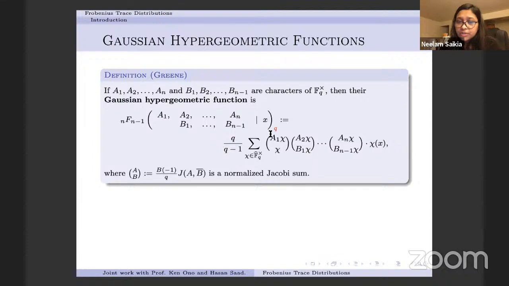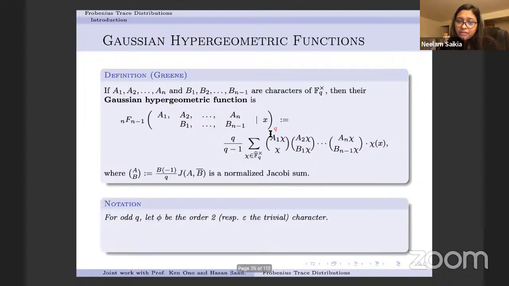And we now fix some notations for our further talk. If q is a power of a prime whose characteristic is different from 2, then we denote by phi a character of order 2 and epsilon denotes the trivial character.